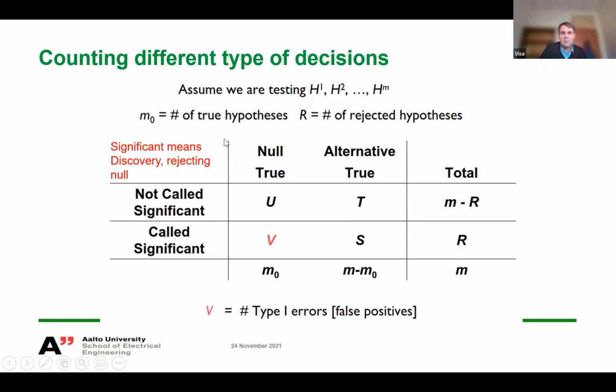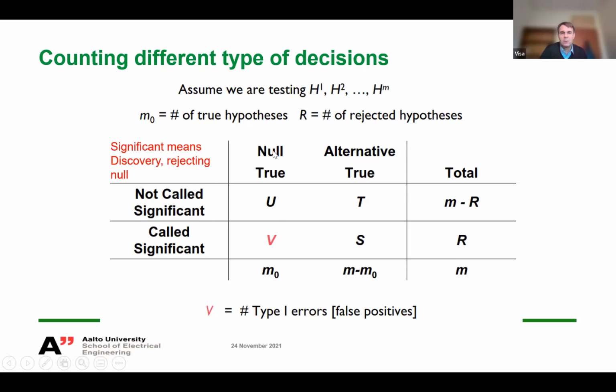Just to describe some of the jargon that will be needed later on. You could think that we have a null hypothesis and an alternative hypothesis, and if you accept the alternative hypothesis or reject the null hypothesis, then you talk about making a discovery or calling this a significant one.